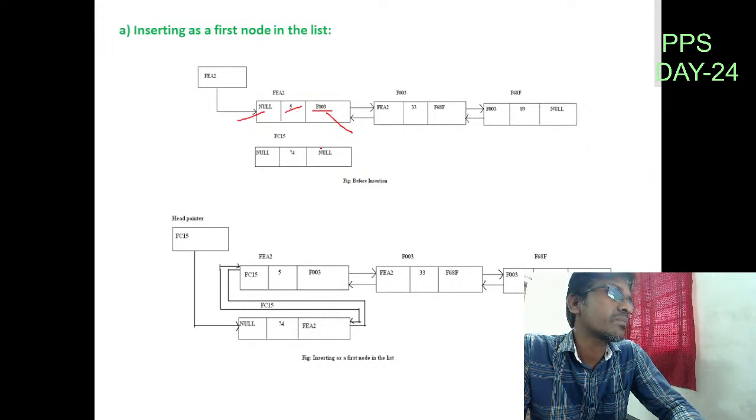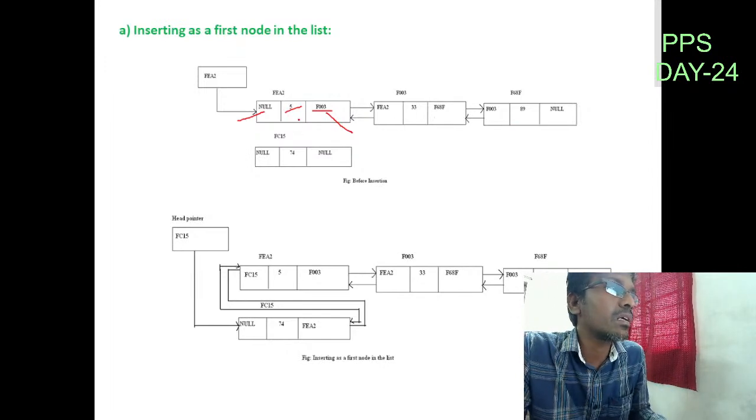So now here I created three nodes. The first node address is FEA2. That address is going to be stored into the head pointer. So this is the head pointer. The head pointer always contains address of the first node.